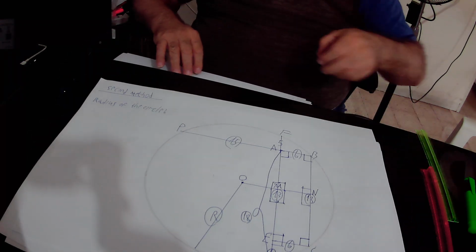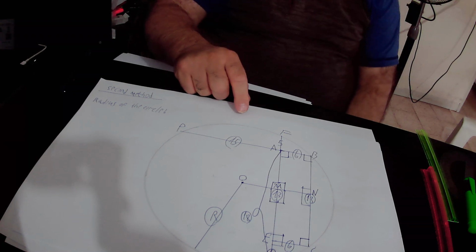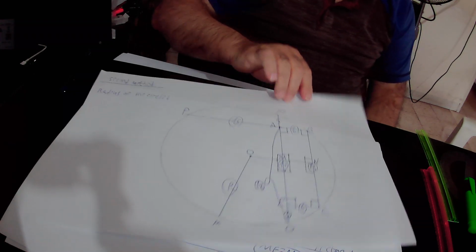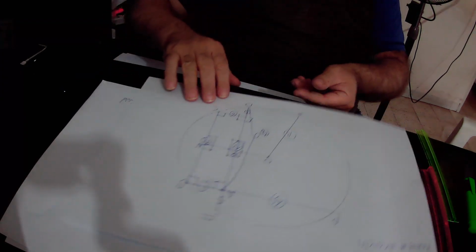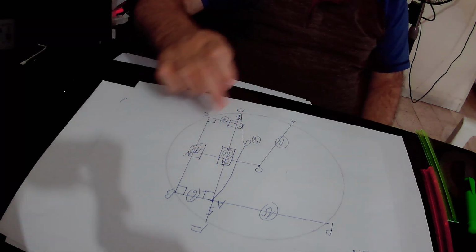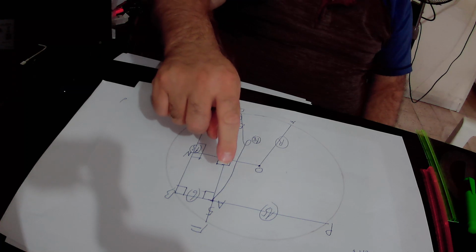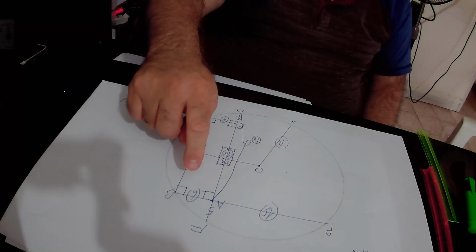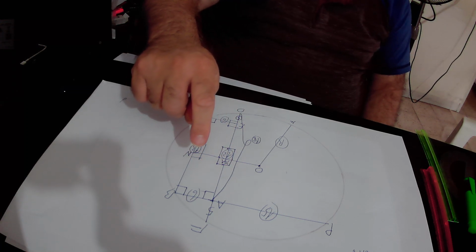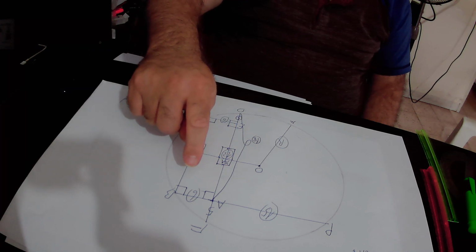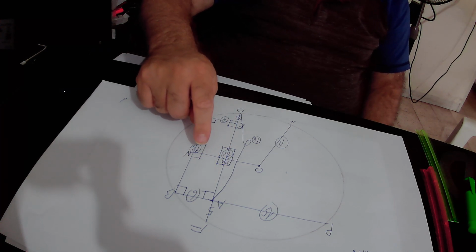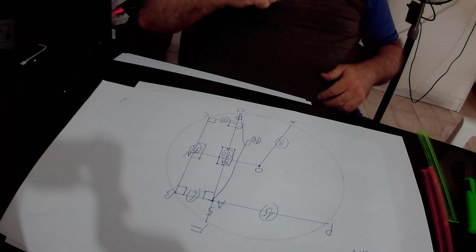Okay, then we focused on quadrilateral ABMN. In this quadrilateral, we have 1, 2, 3 right angles.